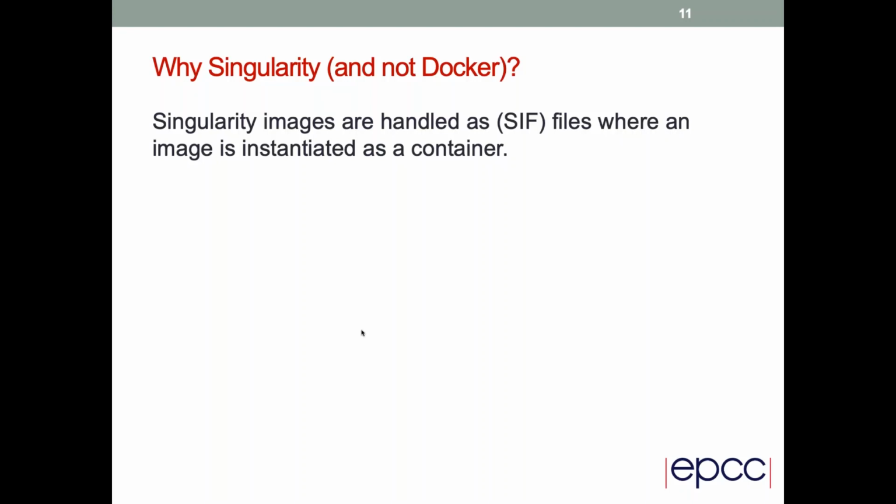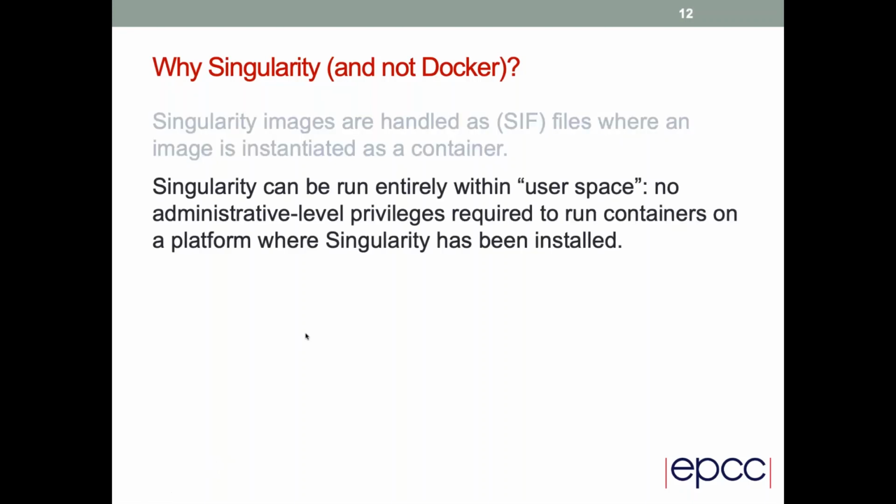Docker, on the other hand, uses overlays that are combined to make an image, and inside a Docker container, the user has escalated privileges, effectively making them root on the host system, which is what you definitely don't want in an HPC environment.